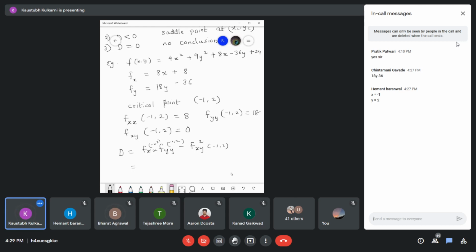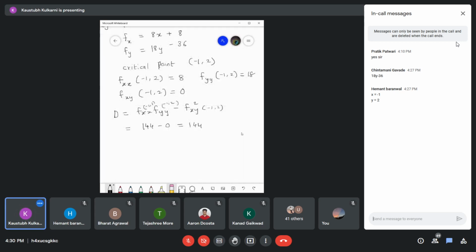So here 8 into 18 is 144 minus 0, which is 144. Okay, now D is greater than 0, therefore no saddle point. Okay. D is greater than 0 and f of xx at the critical point -1 comma 2 is 8.